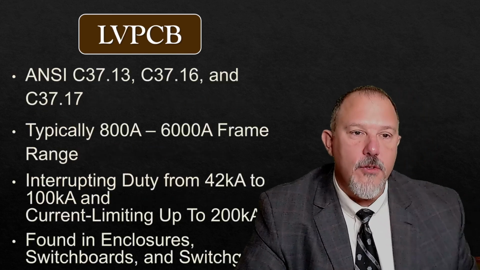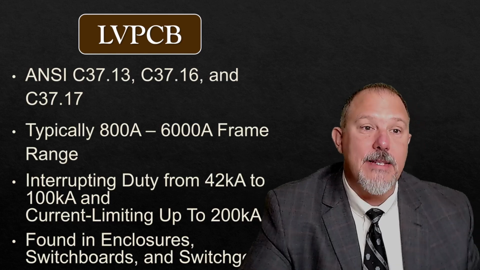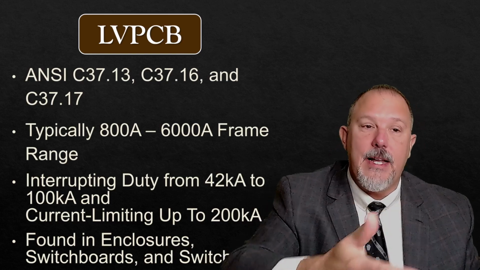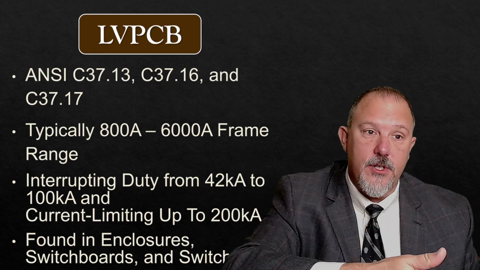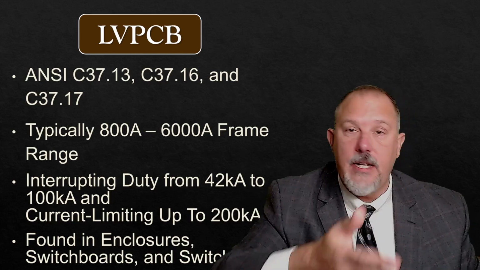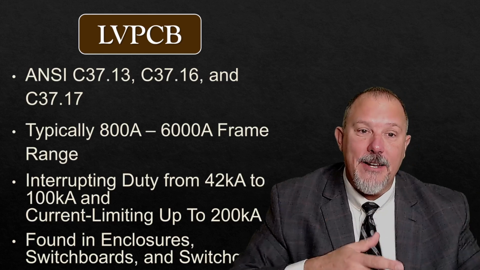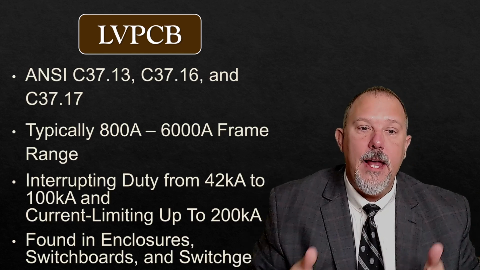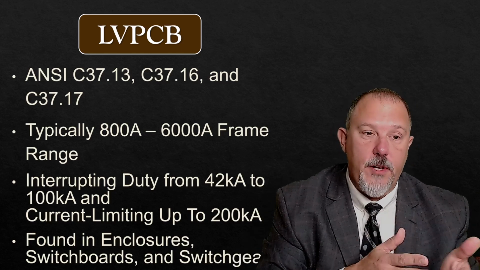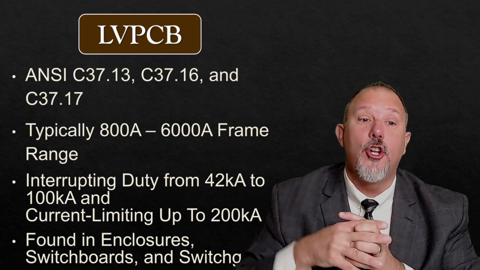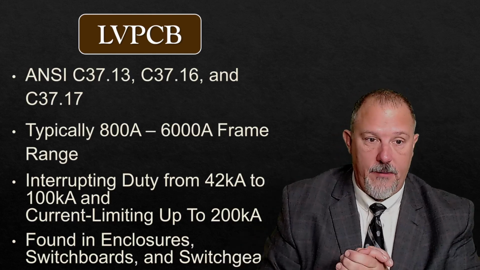Now, a low voltage power circuit breaker is listed to ANSI IEEE standards C37.13, C37.16 and C37.17. Typically, again, 800 to 6,000 amp frame and interrupting capabilities of 42 to 100,000 amps, or current limiting up to 200,000 amps.